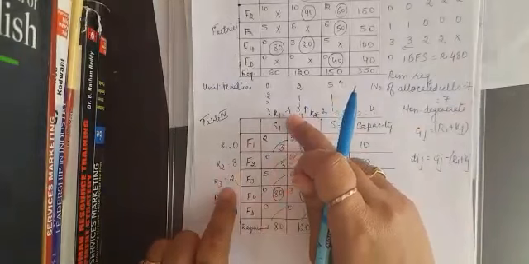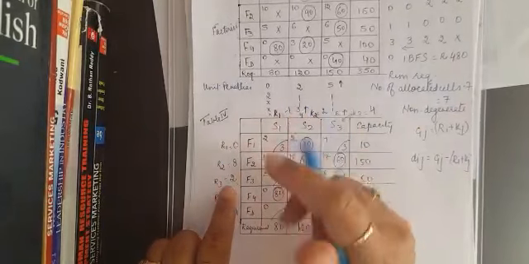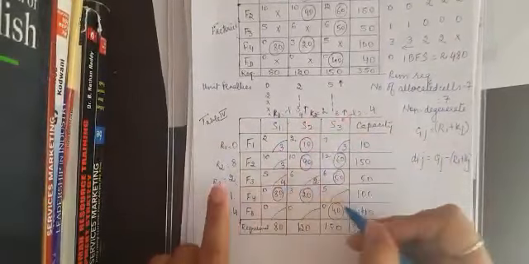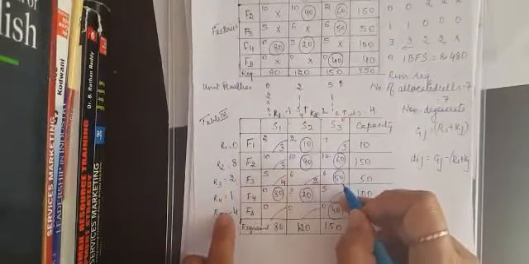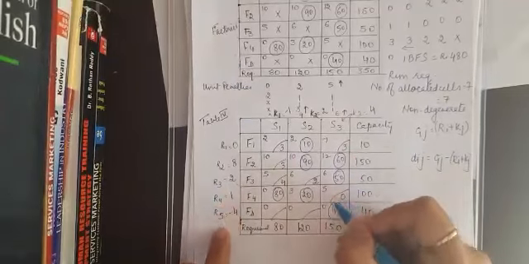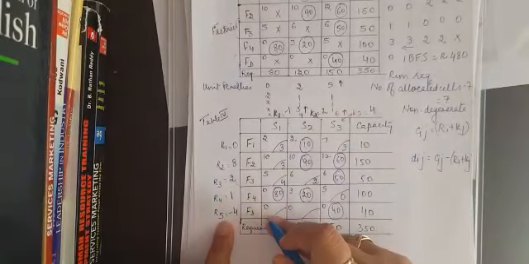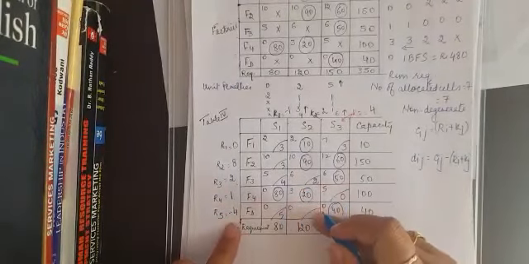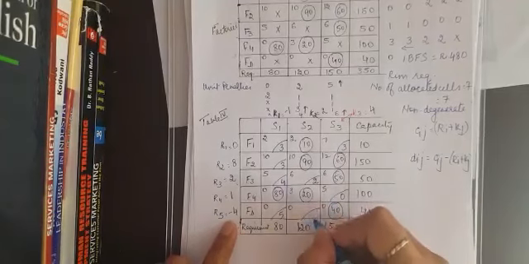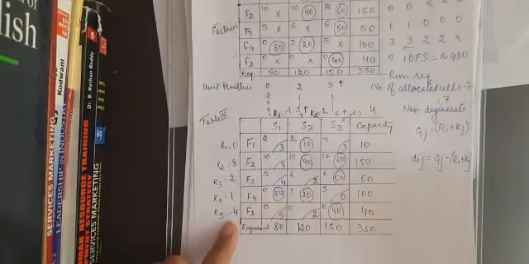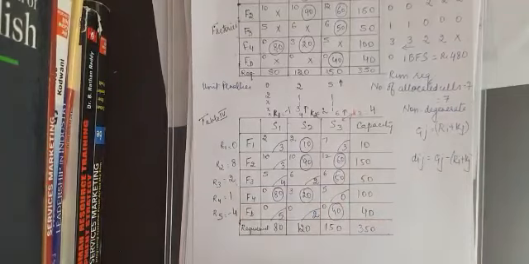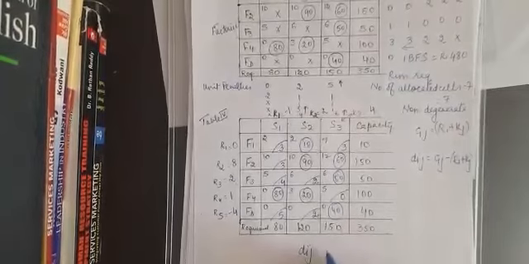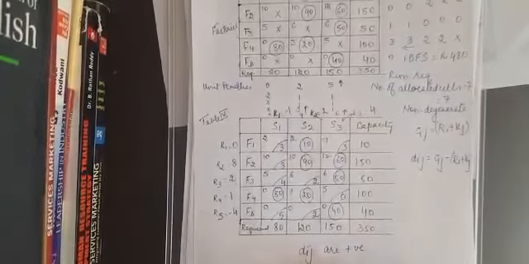For this 5 minus 2 minus 1, 4. 6 minus 4, 2. Then for this 5 minus 1 plus 4, 0. 0 minus 5, it is positive 5. 0 minus minus 2, it is positive 2.